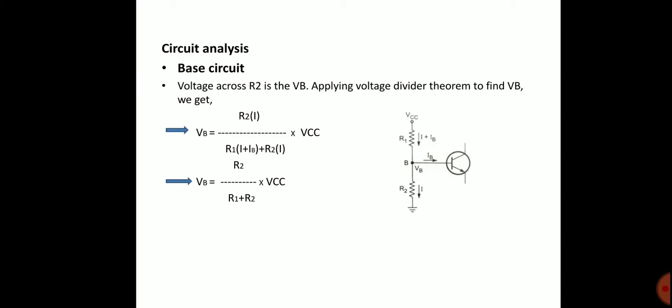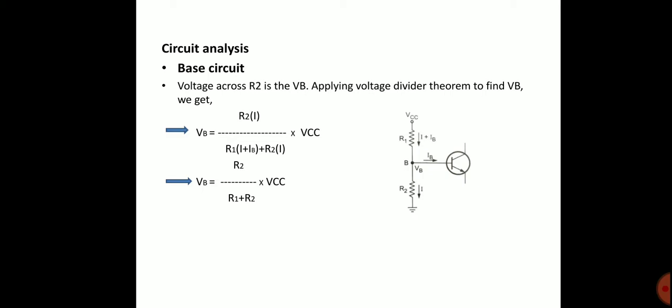This is the voltage divider theorem. So the condition is base voltage equal to R2 divided by R1 plus R2, into VCC. Here the I value is not declared in the base side, so I is neglected, put to 0. So VB is equal to R2 divided by R1 plus R2, into VCC.